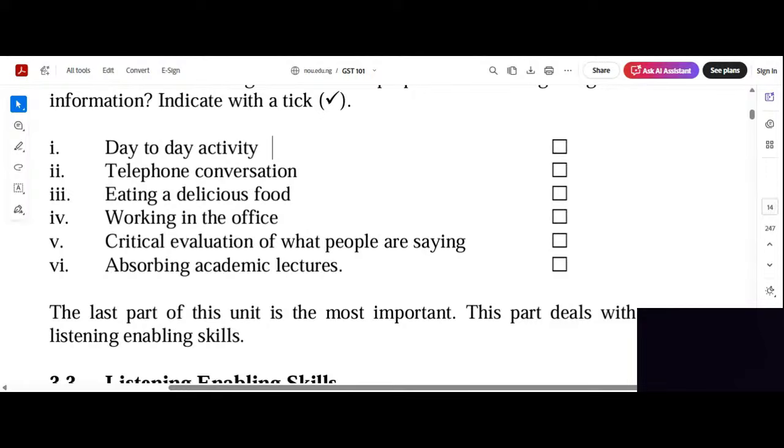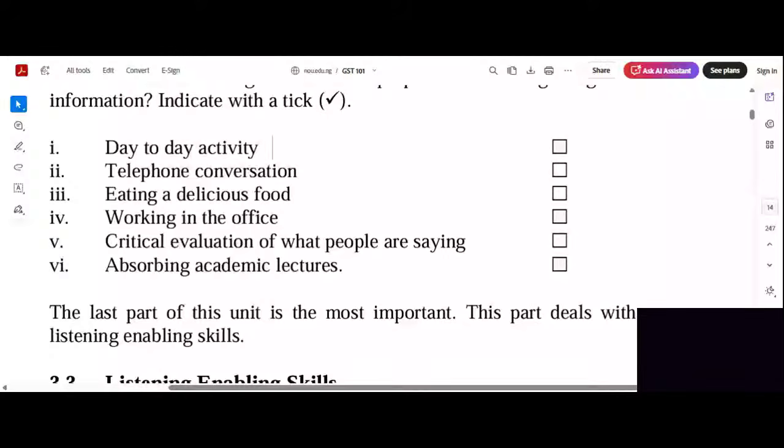Okay. Somebody said number three. Oh, sorry. Okay, for general. Okay, so many of us say eating a delicious food. Festus says telephone conversation is part of gathering information. Okay, you need to understand what the person is saying. Probably the person wants to give you something.